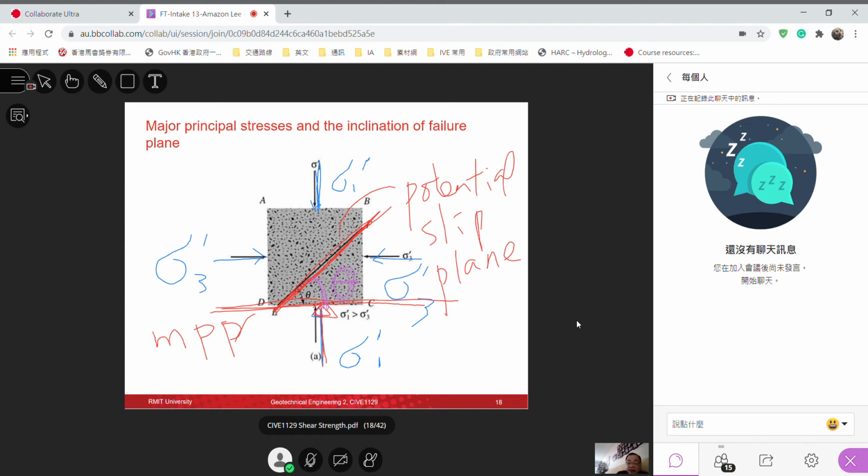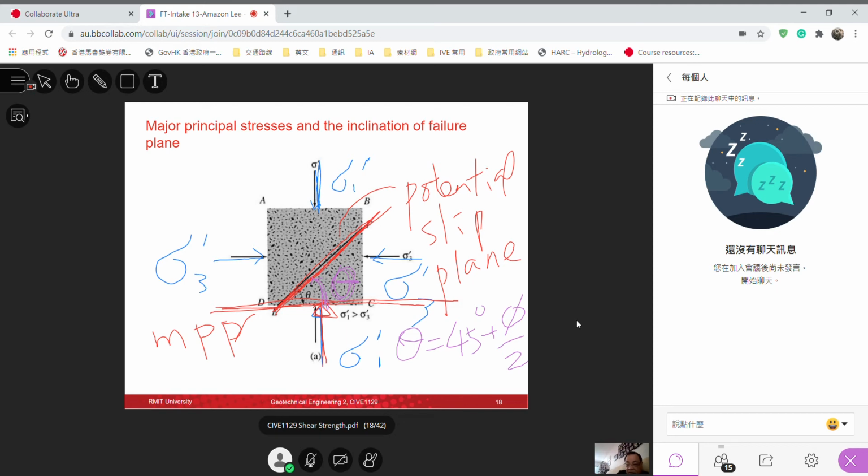Later we will discuss the proof. Theta is equal to 45 degrees plus the angle of friction divided by 2. Remember that.